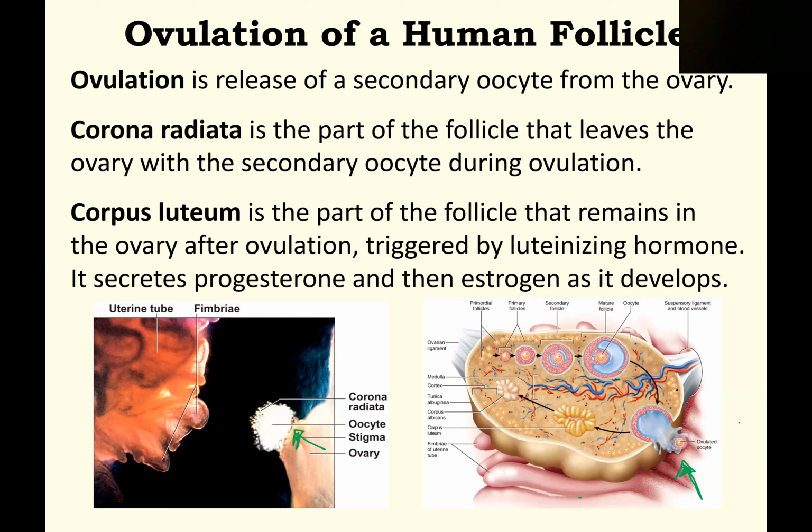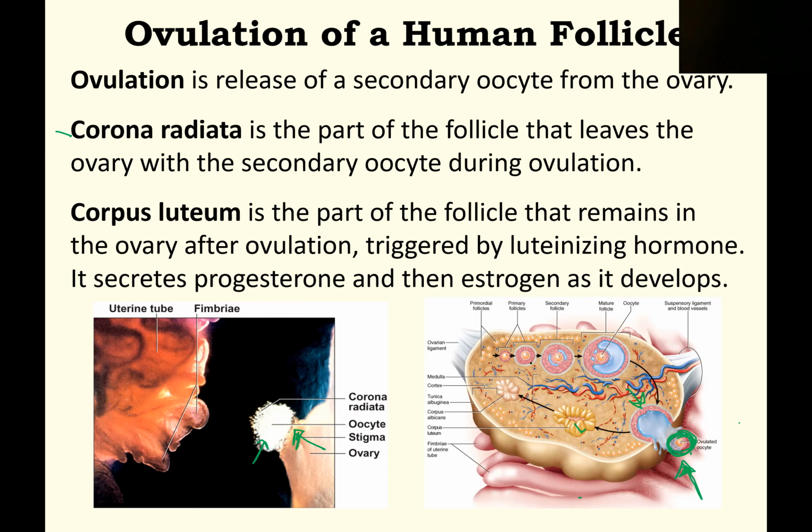So during ovulation, part of the material is going to stay in the ovary. Part of it's going to leave. The secondary oocyte is going to leave, and it's going to be surrounded by the corona radiata. That's what you're going to see here, and that's going to be this material around the secondary oocyte. That's what's going to travel along, hopefully, along the oviduct towards the uterus to be fertilized.